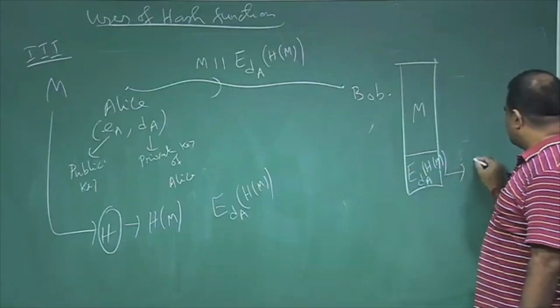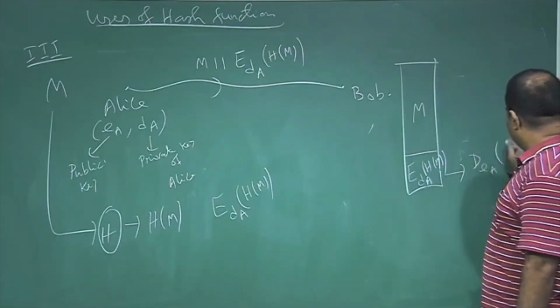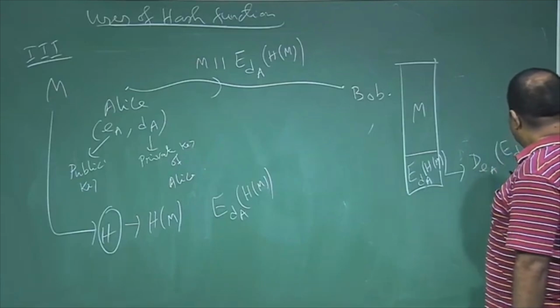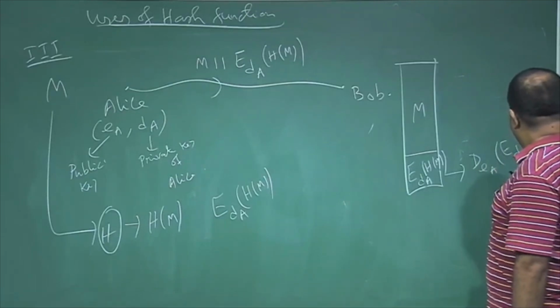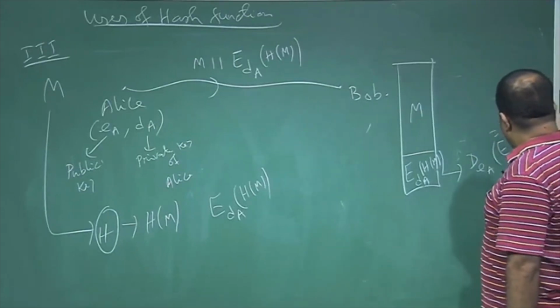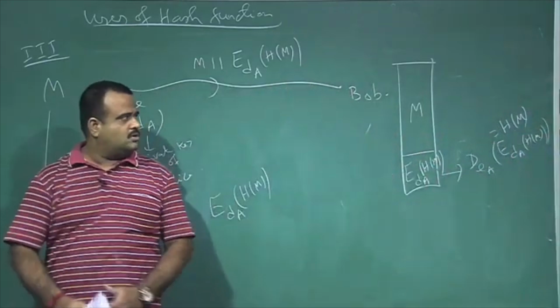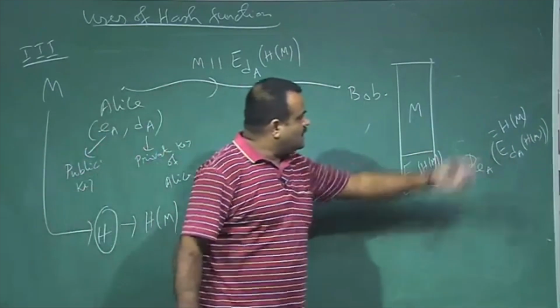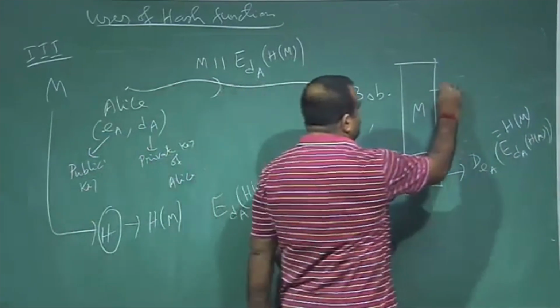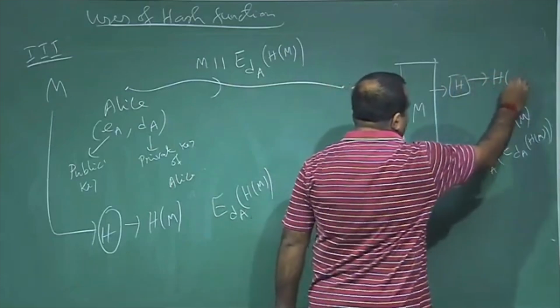So, Bob will just decrypt using Alice's public key, and this will give us H of M, because decryption is the reverse of encryption. Now Bob will compute H on the message, and Bob is supposed to get H of M.